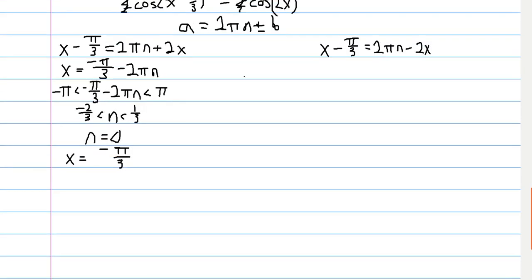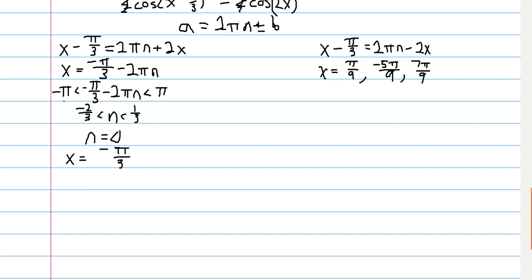And we can basically do the same analysis on this side. We isolate x and then create an inequality. And when we do so, we get that the values of x are pi over 9, negative 5 pi over 9, and 7 pi over 9.